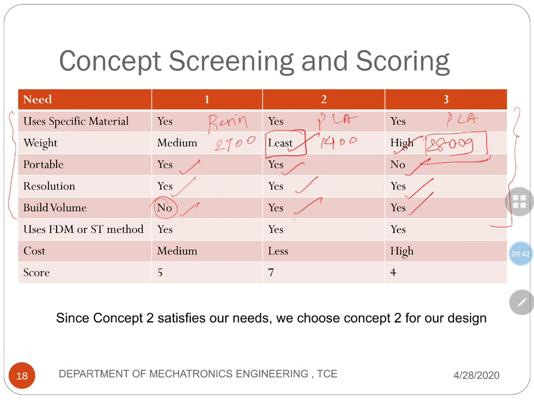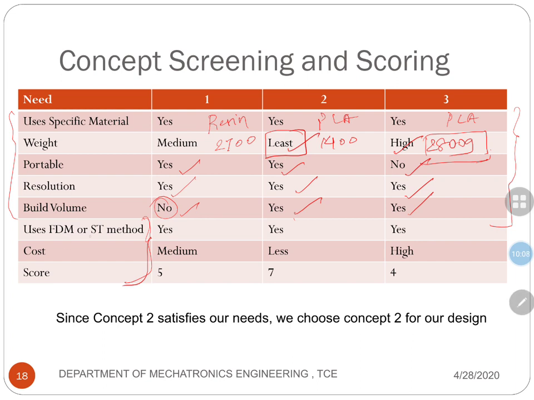But when more than one concept has the same score, you can consider some more inputs which depend on the designer, as long as these parameters do not disturb the output of the design process.